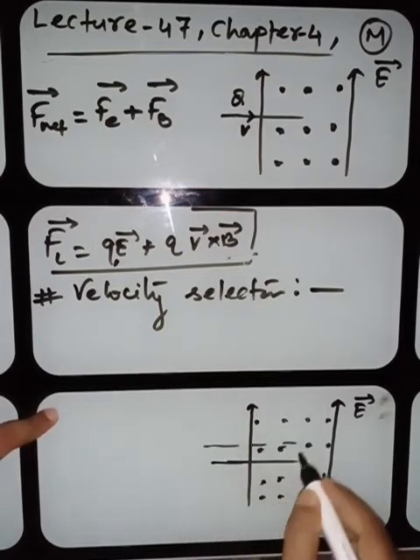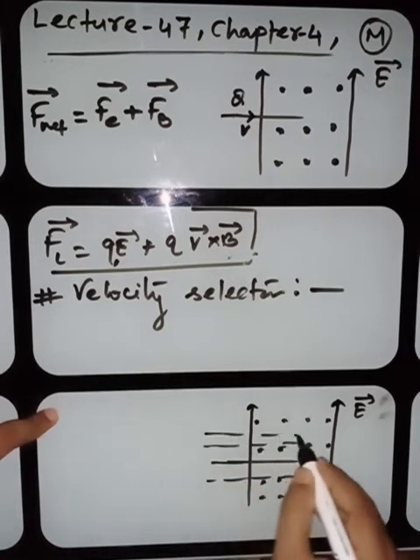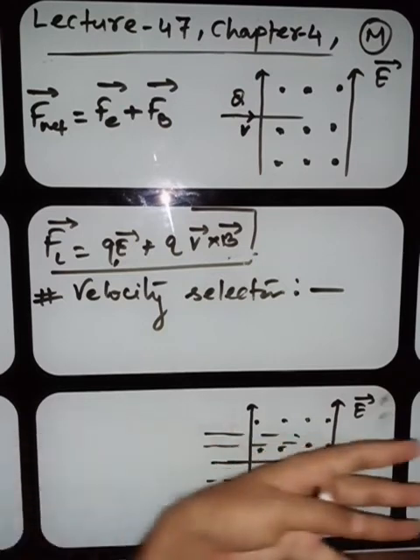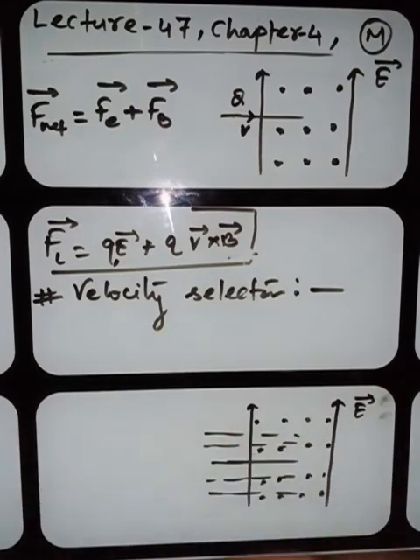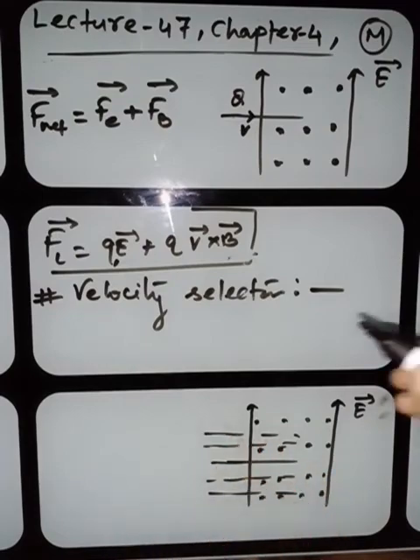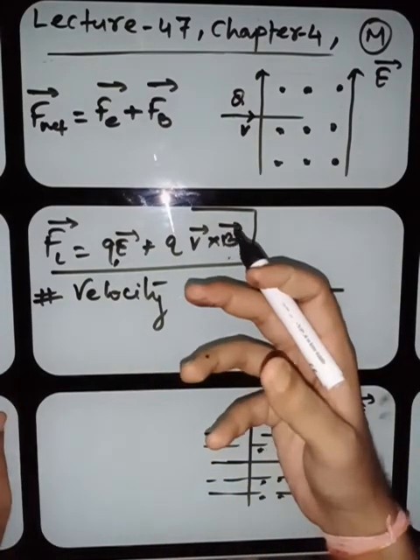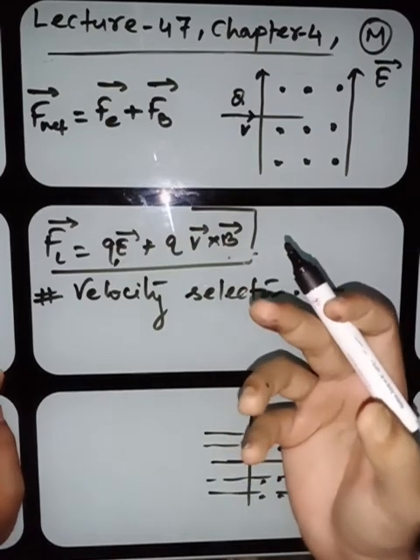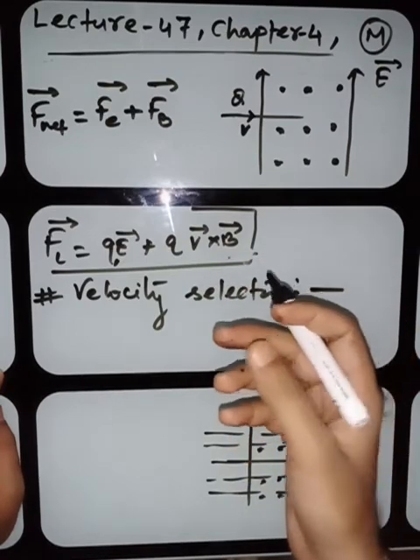Actually, a beam of charged particles, the number of charges are there, and all the charges are moving with different velocity. What we have to do, actually, is separate some charged particles. We have to take those charged particles which are moving with a particular velocity. Actually, what is the use of this velocity selector? Write down.